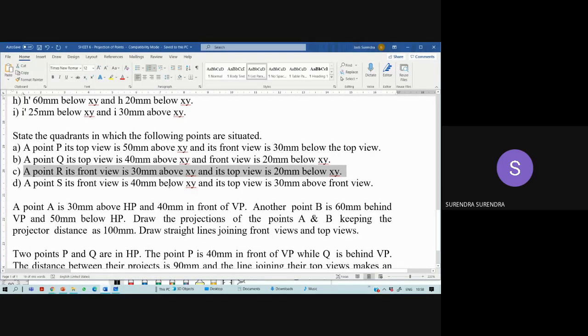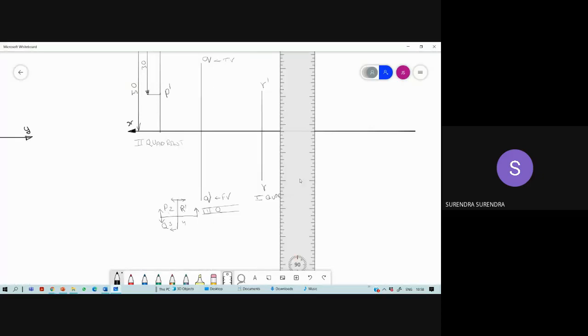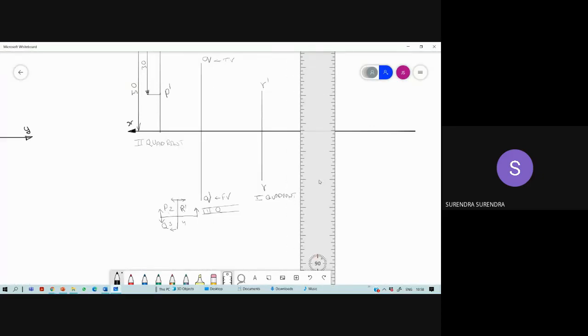Front view 40 mm below XY and top view is 30 mm above front view. Here also, look, instead of giving it directly, they gave 30 mm above front view. So front view is 40 mm below XY line.